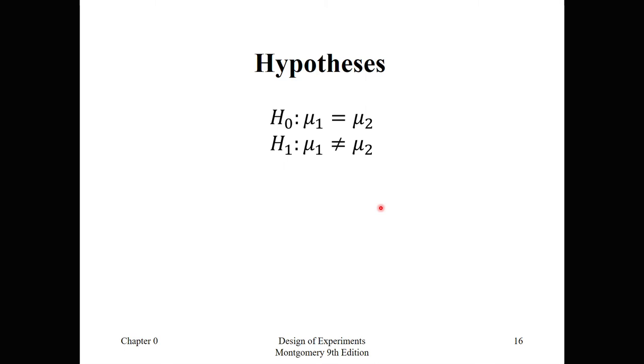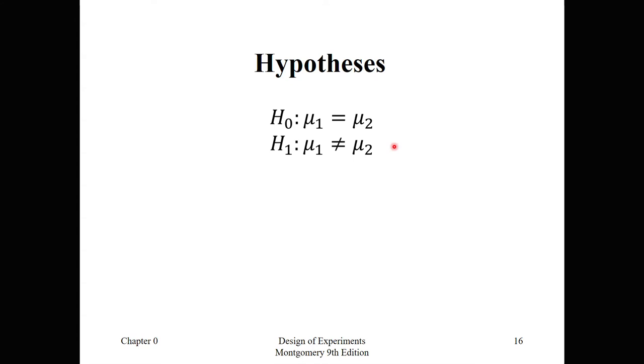My hypotheses are that the population mean from the first group, computer A, is the same as the population mean from the second group, and that's my null hypothesis, H sub 0. Then my alternative hypothesis, H sub 1, sometimes listed as H sub A for alternative, is that the population means are not equal.